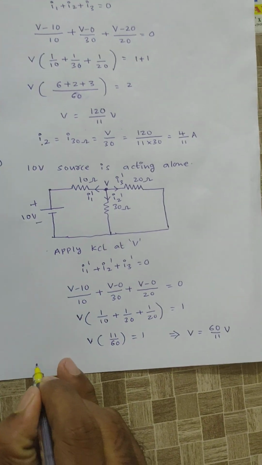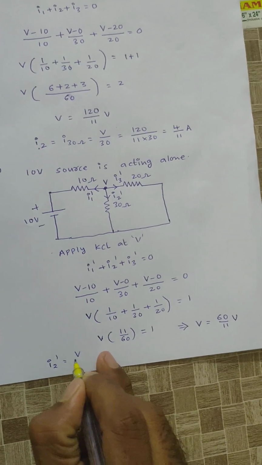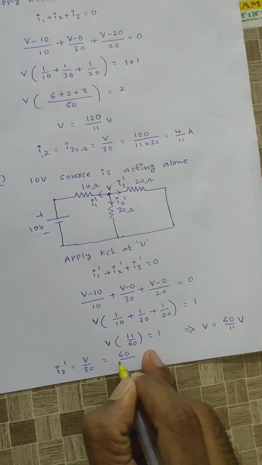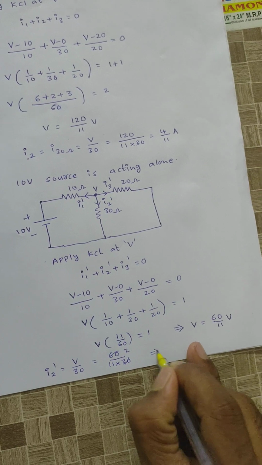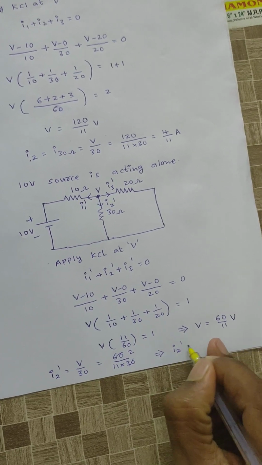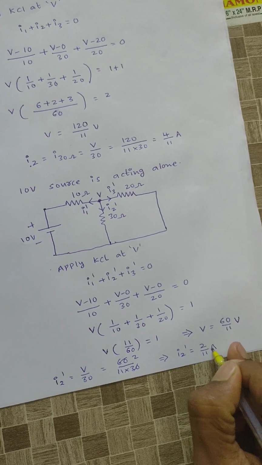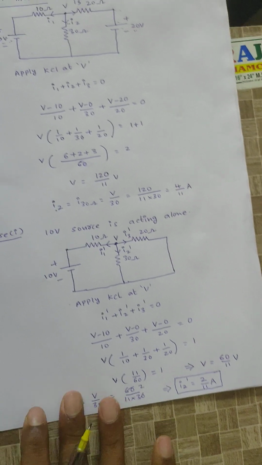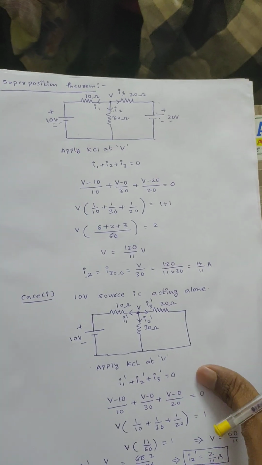Then I2 dash is equals to V by 30, that is 60 by 11 into 30. That implies I2 dash is equals to 2 by 11 amperes, right? Okay, that is case 1, right?